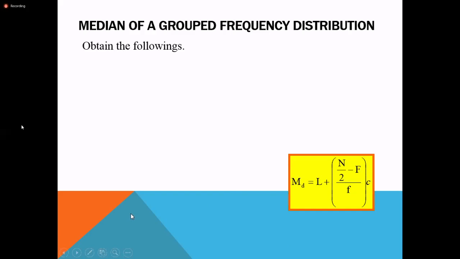If you are going to calculate the median of a group frequency distribution, there is a method. So carefully try to understand this method here. Here, obtain the following in order to calculate the median of a group frequency distribution. That is important because you are always involved with group frequencies, right?